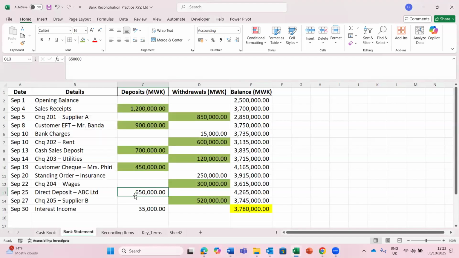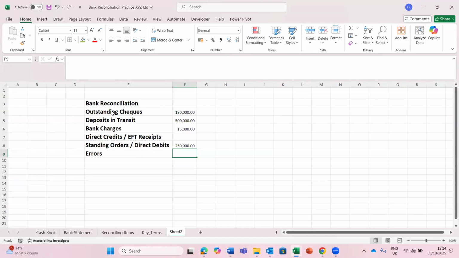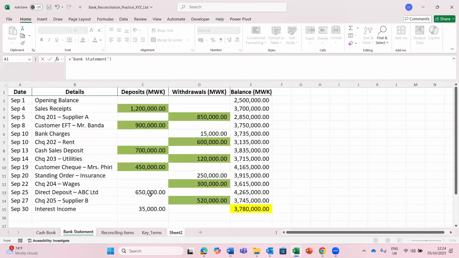And then we have this one, direct deposit. So a customer deposited direct to our bank statement, but we're not aware of it. So we go to direct deposits, or direct credits. So go to that. That's a direct deposit.